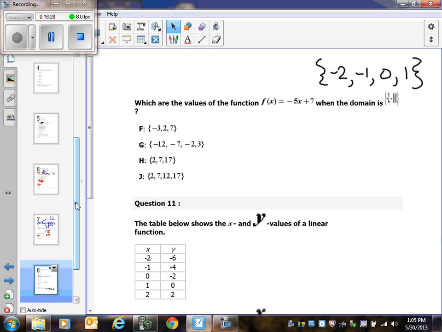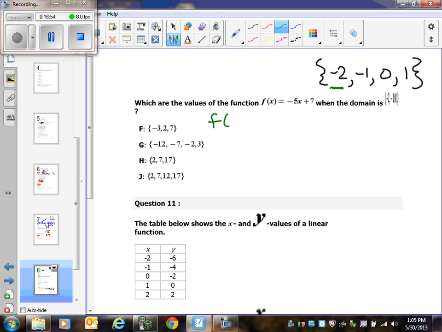All right, what are the values of this function, f of x is equal to -5x plus 7, when our domain is -2, -1, 0, and 1? A number of different ways we can solve this one. If you wanted to do this one by hand, all we need to do is take each of these x coordinates and plug it in.